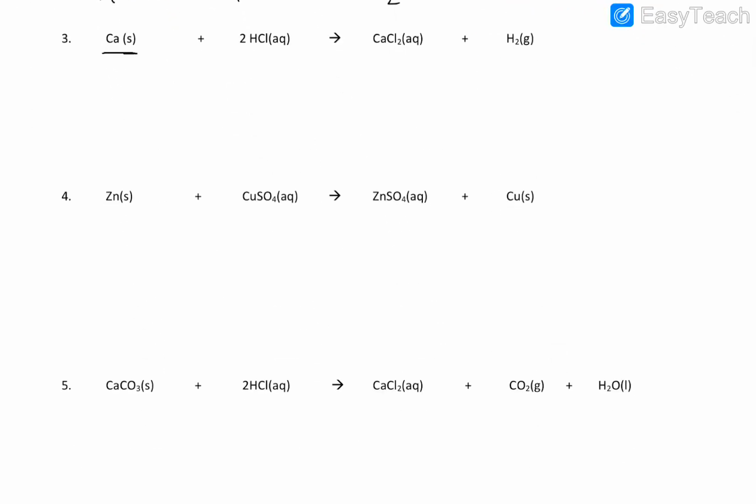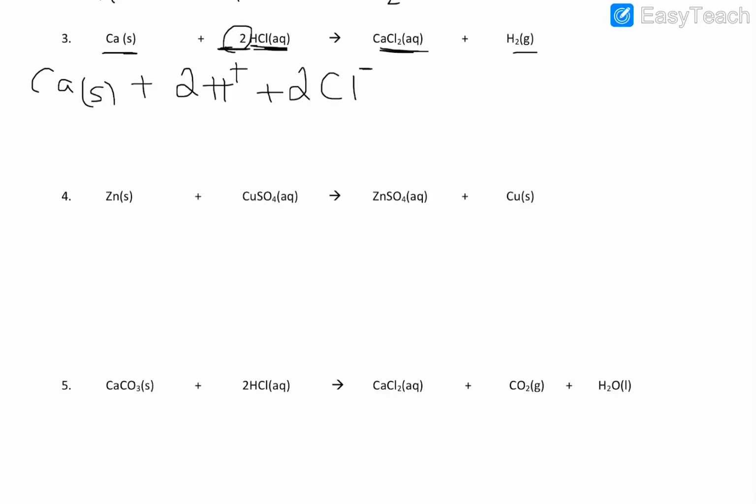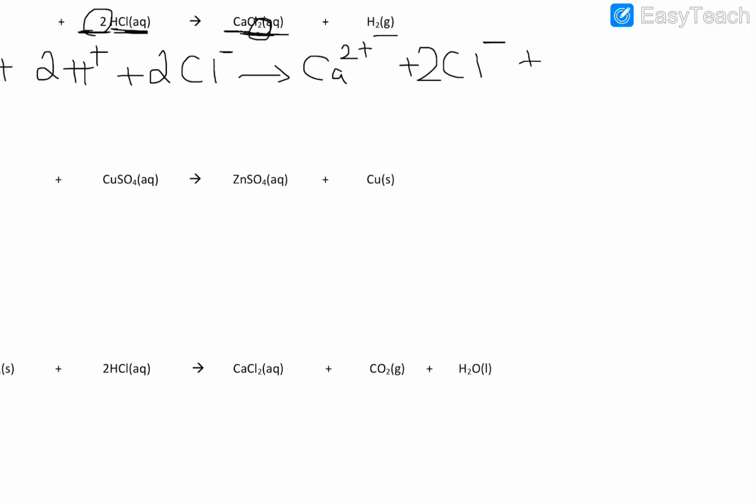Now here, this is solid state, will not split, aqueous, gas. So these are the only things that will split. So Ca solid plus hydrogen forms H plus. There is 2 of it, so 2H plus. Cl always forms Cl minus. There is 2 of it, so 2Cl minus, giving calcium is in group 2, so Ca2 plus. Cl always forms Cl minus, but there is 2 of it, so 2 here, plus H2 gas.